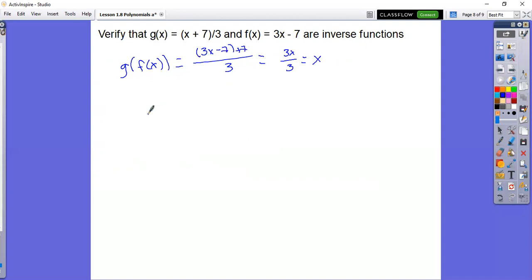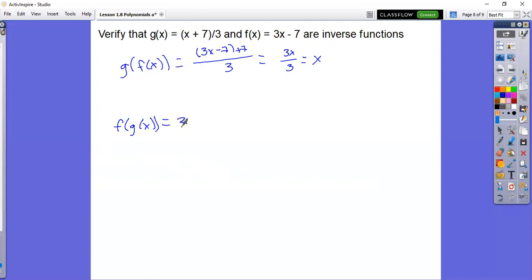Which means I actually don't need to verify this algebraically, because I know that g of f of x is x. Because they're inverse functions, the properties of inverses must apply, which means that f of g of x must also be x. But we're just going to show it algebraically to show that we will also get x out of this. We're going to do f of g of x.